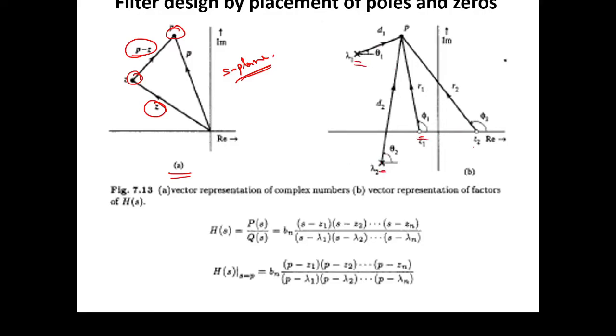Now with this, let us place some poles and zeros. What are these poles and what are these zeros? Say for example, I hope every one of you knows one of the simplest amplifiers, the non-inverting amplifier.